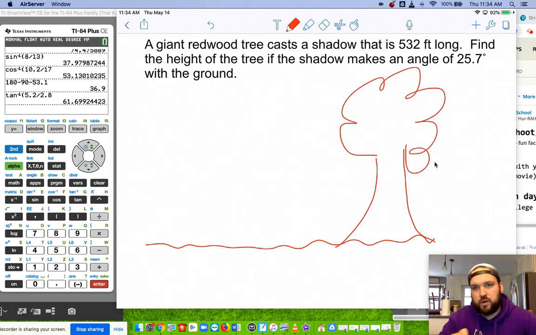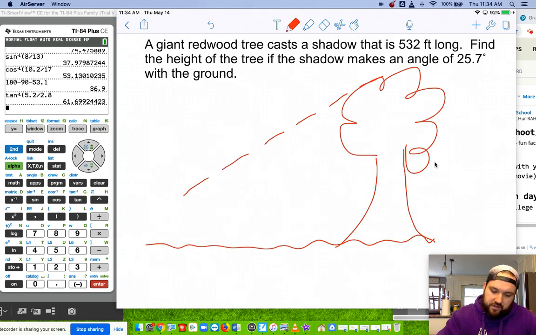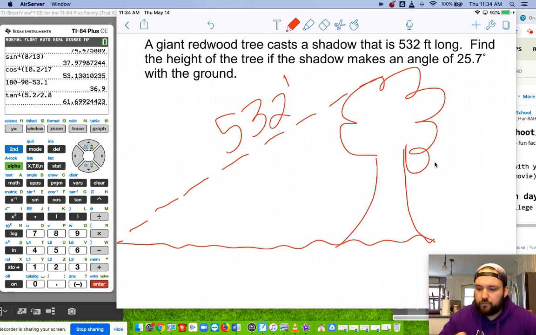Here's my redwood tree. Casts a shadow that is 532 feet long. So I'm just going to draw a little dashed line. And this shadow is 532 feet long. It says find the height of the tree. So that's what I want to find, so I'm going to label this as X. It's my unknown.